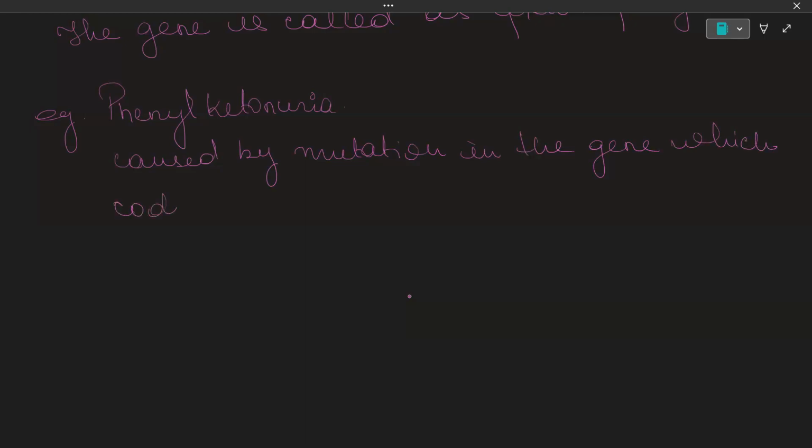Always remember the name of the enzyme, because of the lack of which the disease occurs. So, which codes for the enzyme phenylalanine hydroxylase.